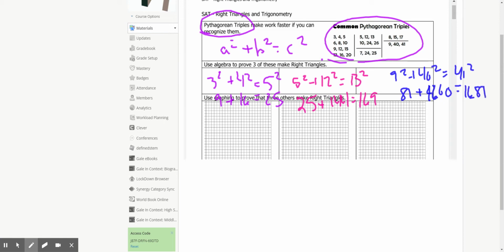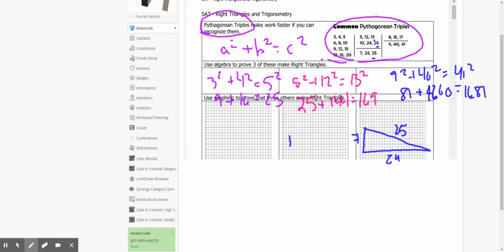You can also graph these, so it's going to be really hard for me to do this here, but on your paper, if you printed this out, you could do 7 by 24 by 25. So 7, 24, 25. Remember that biggest number is always going to be your hypotenuse.